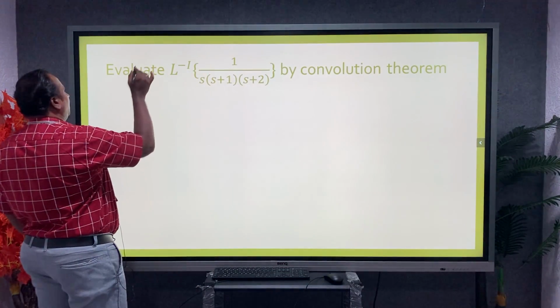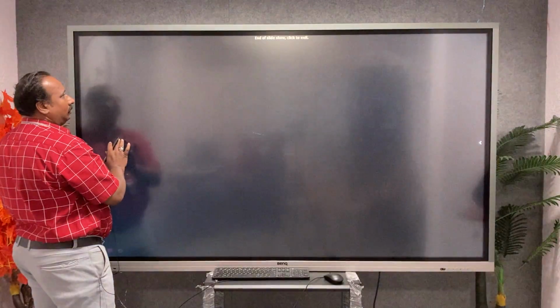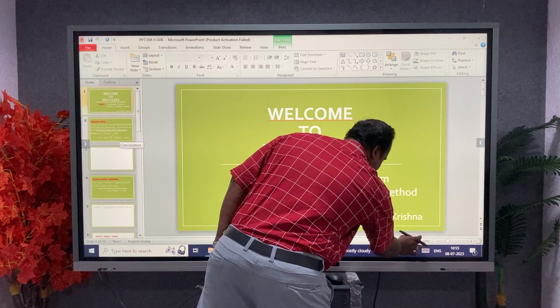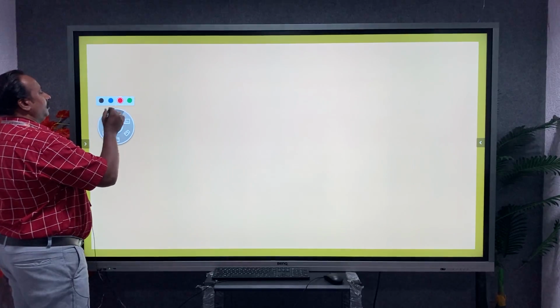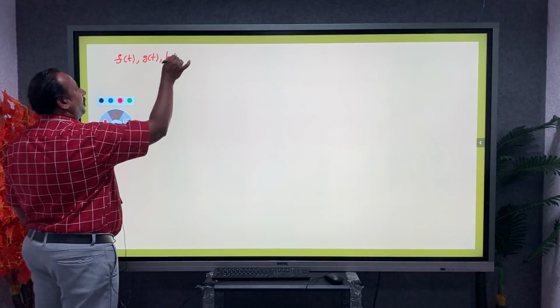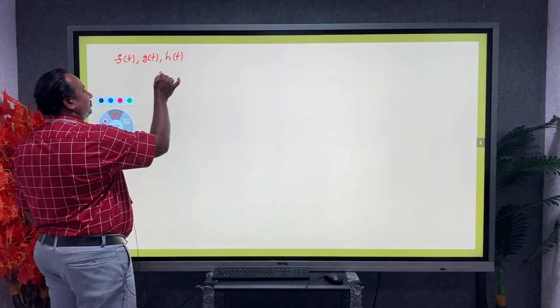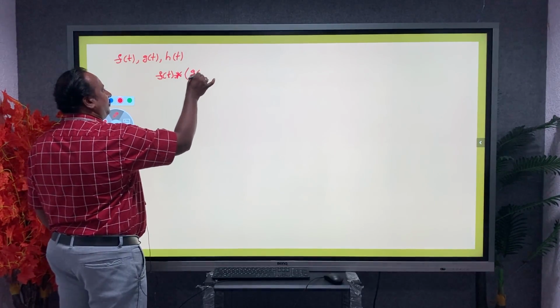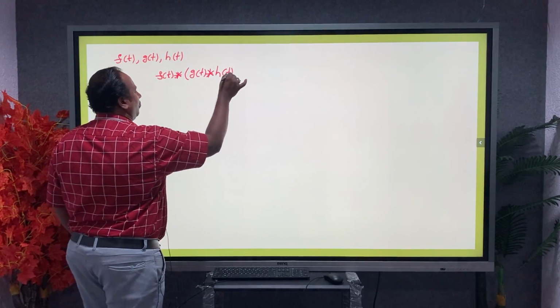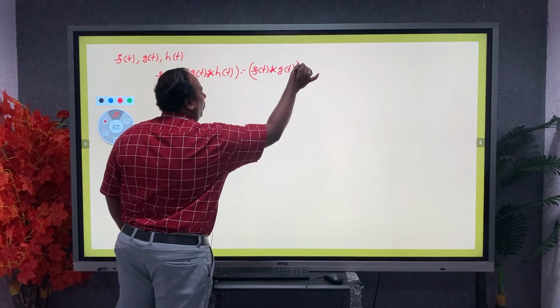Suppose f of t, g of t, h of t are three functions, then their convolution product f of t star g of t star h of t is equal to f of t star g of t whole star h of t.